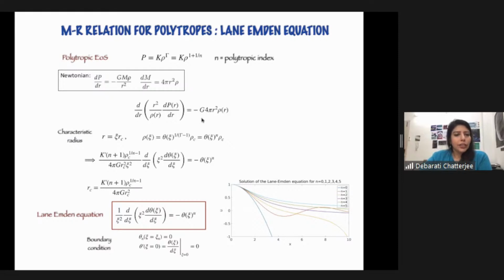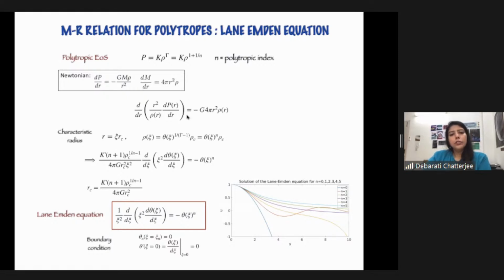Then a mathematical trick can be applied. In order to solve this analytically, we want to make it dimensionless. So let's define r as zeta times some characteristic radius, which we will calculate later. So zeta now becomes our dimensionless radius.